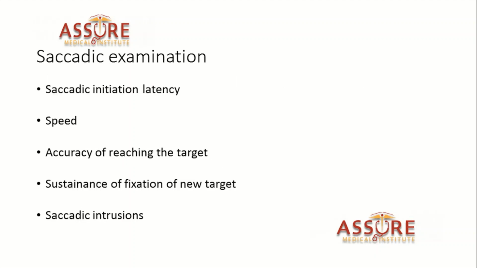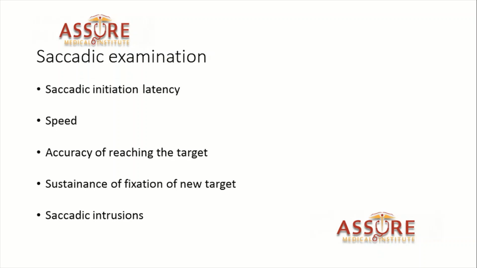So coming to brief examination findings: how to examine the saccades, what to look for, and how to describe them. When we tell the patients to look at a pen or your finger towards right or left, you have to look for saccadic initiation latency, speed, accuracy of reaching the target, sustenance of fixation in the new target, and saccadic intrusions.